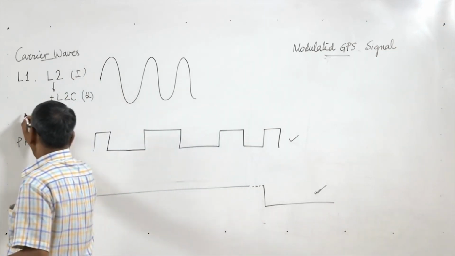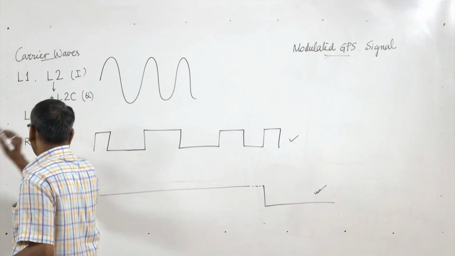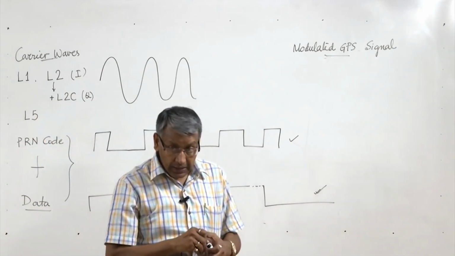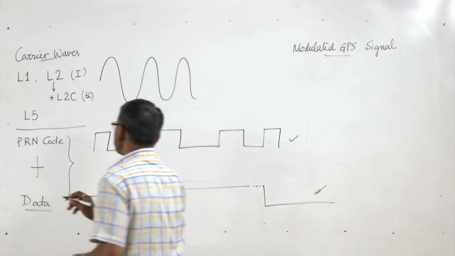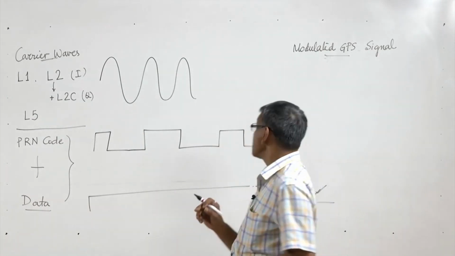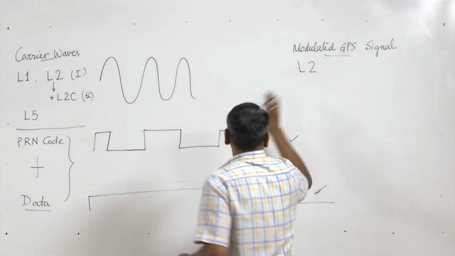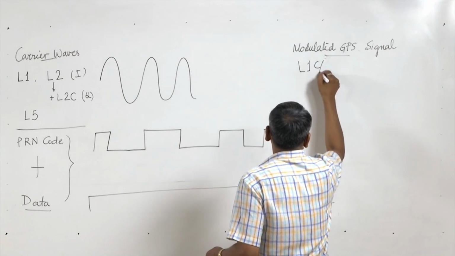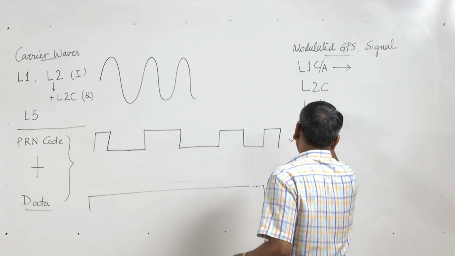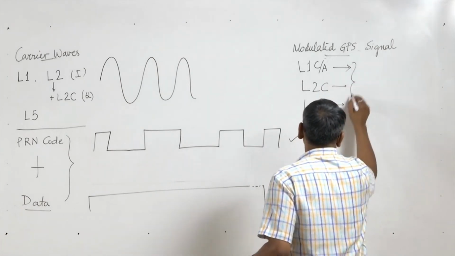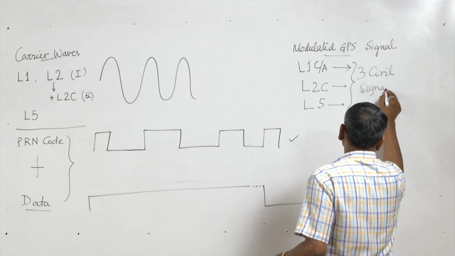And nowadays the signal L5 is also available from the latest GPS satellites. So in short, L1 CA, L2C and L5, these are the three civil signals available for users to use.